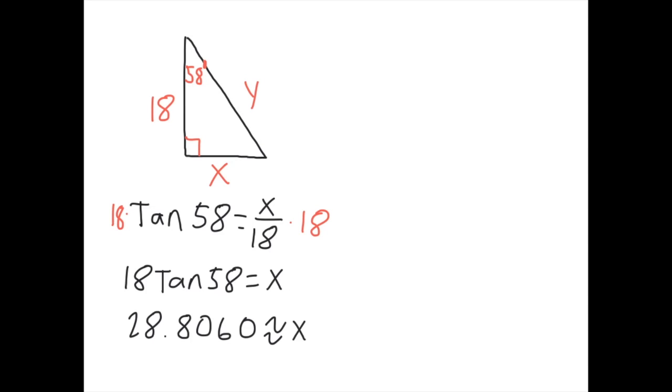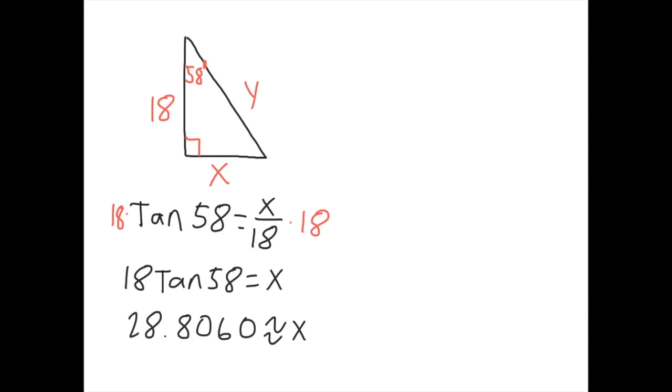So to find y, we use 58 degrees, the side they gave us, and the side we want, y. Do not use, under any circumstances, x, because it's a rounded number. You never want to use rounded numbers in your calculations. It will mess up your answer.